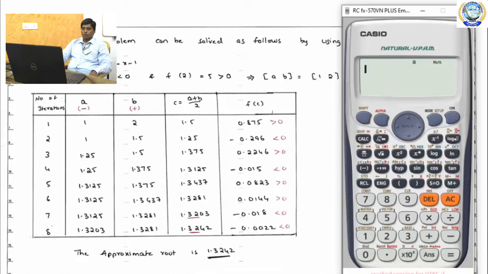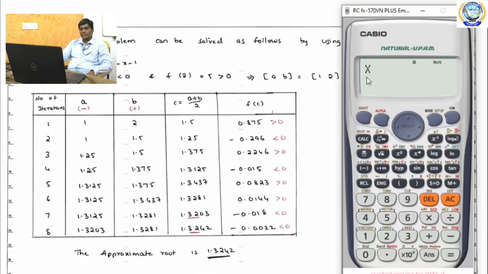Here I will store x cube minus x minus 1 in this calculator. I press alpha, then x. If you observe this calculator, the pink color characters are entered only after pressing alpha. So I press alpha and then the bracket button, and I get x.